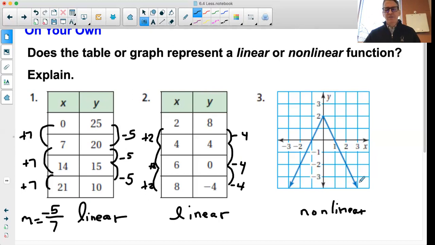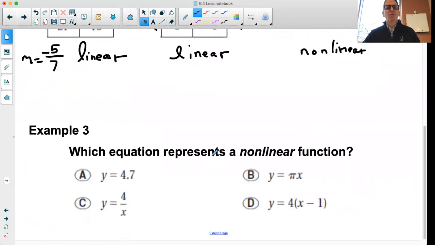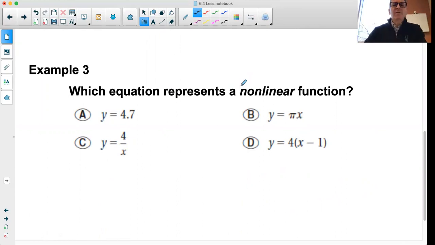All right, that brings us forward to example number 3. In example number 3, the question is, which equation represents a nonlinear function? I think I kind of mentioned this last week. We talked about this being an MCA type of question. You'll be given 4 equations and they ask you which one is nonlinear.